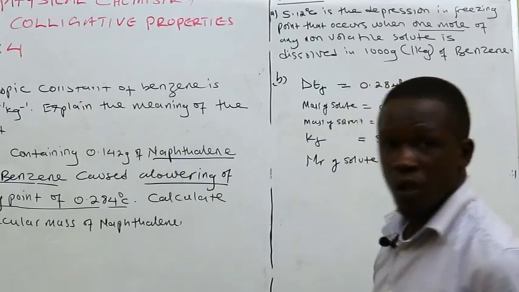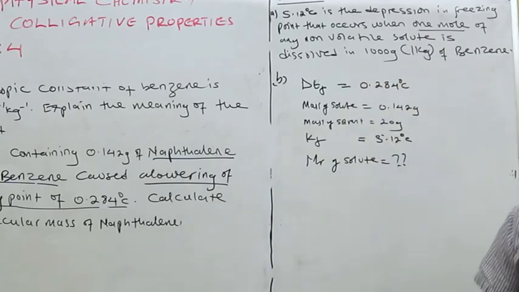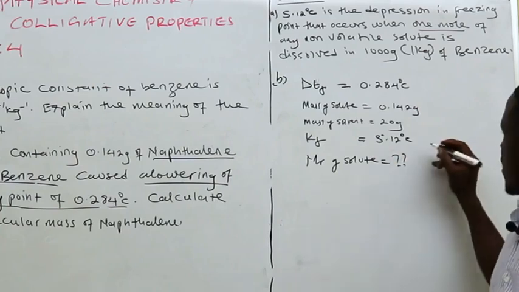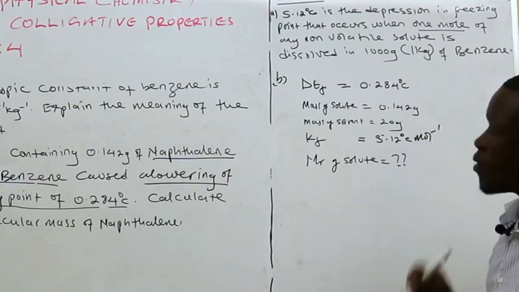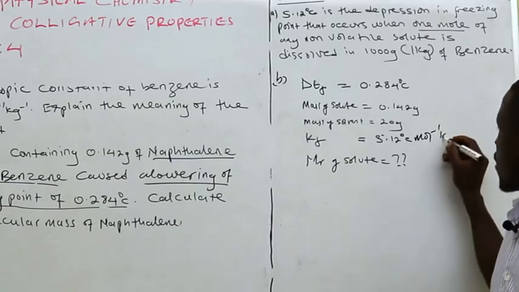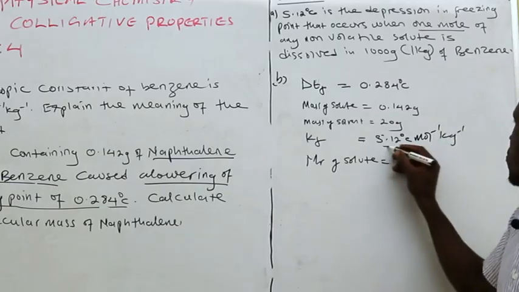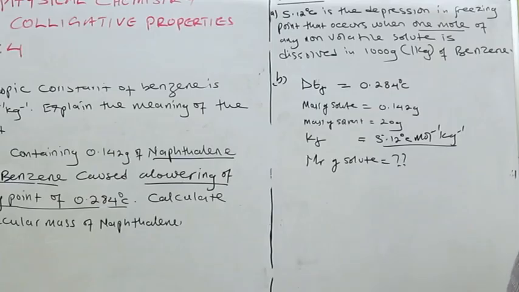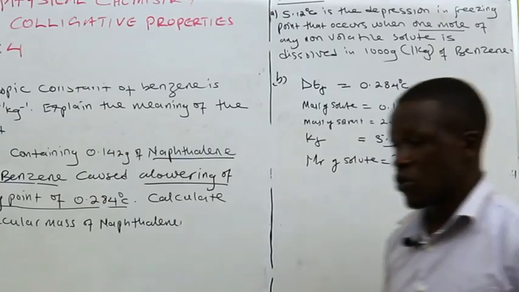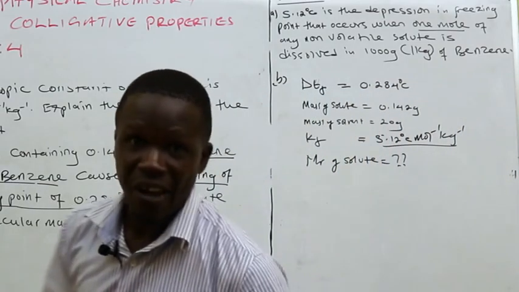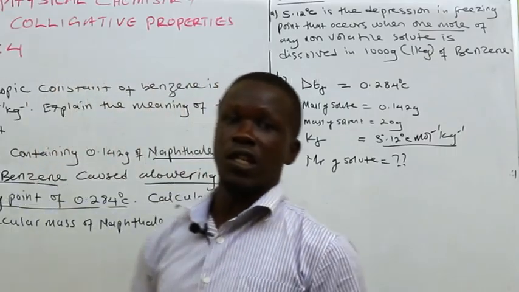Because our constant is in per kilogram, it is very important that we change our mass of the solute into 1,000 grams of the solvent.